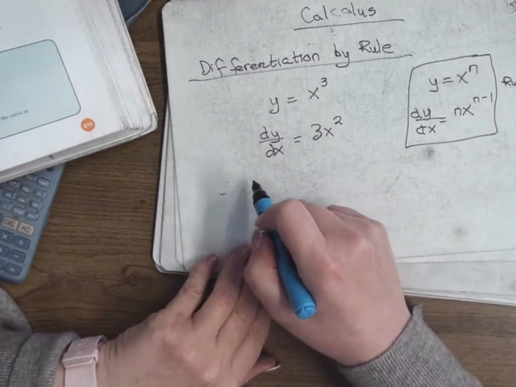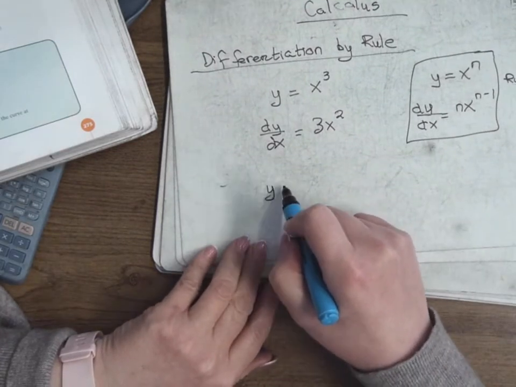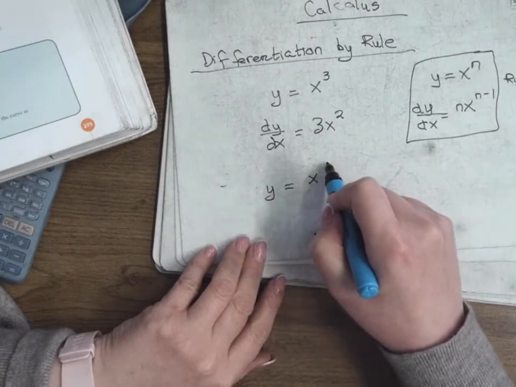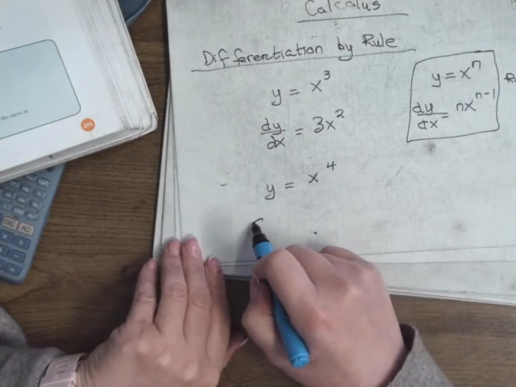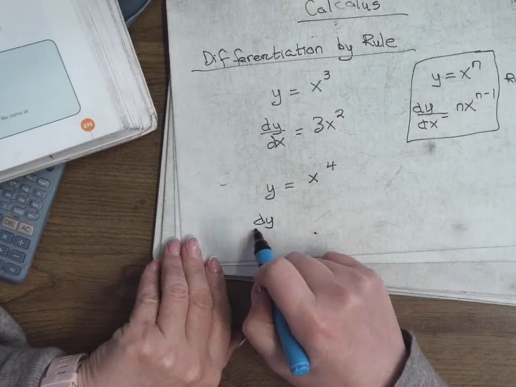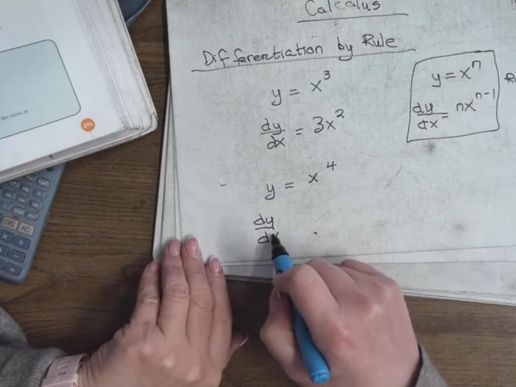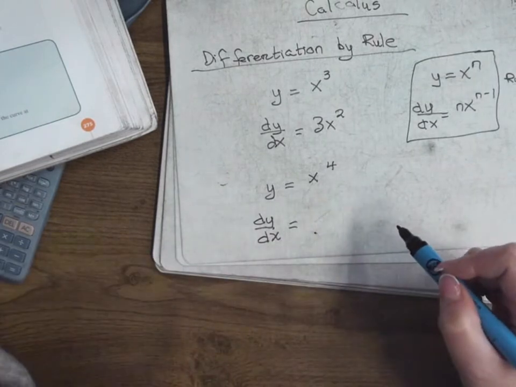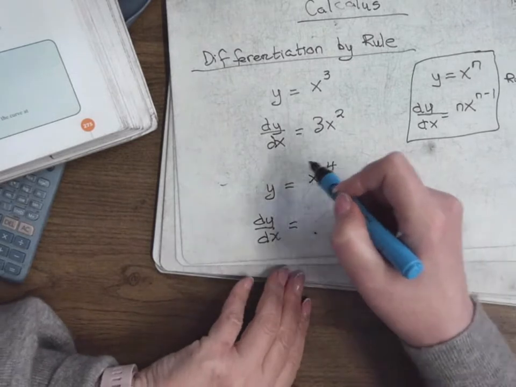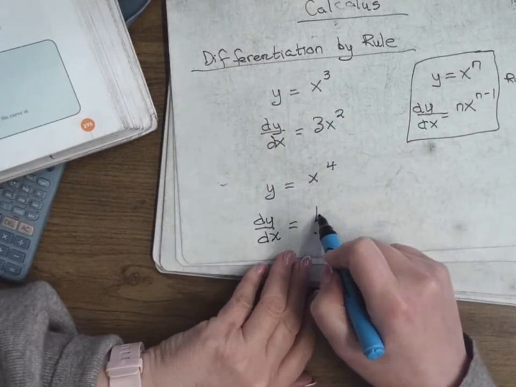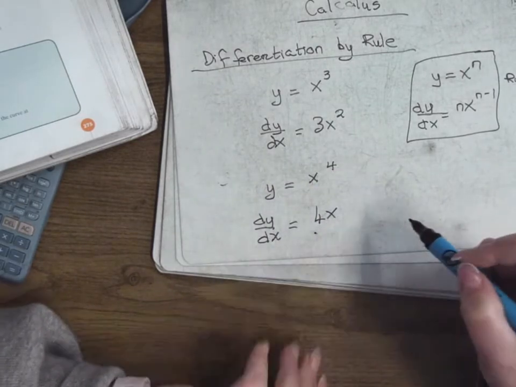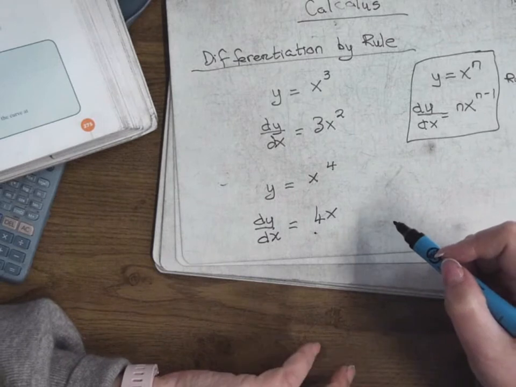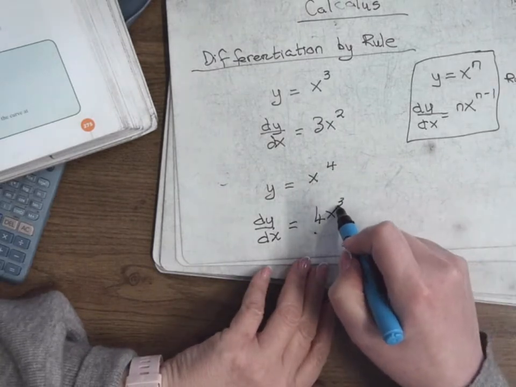If I had y equals x to the power of 4, when I differentiate, what would I get? Bring the power down in front, it's a 4. Then you write your x and reduce the power by 1. So 4x to the power of 3. That's my answer.